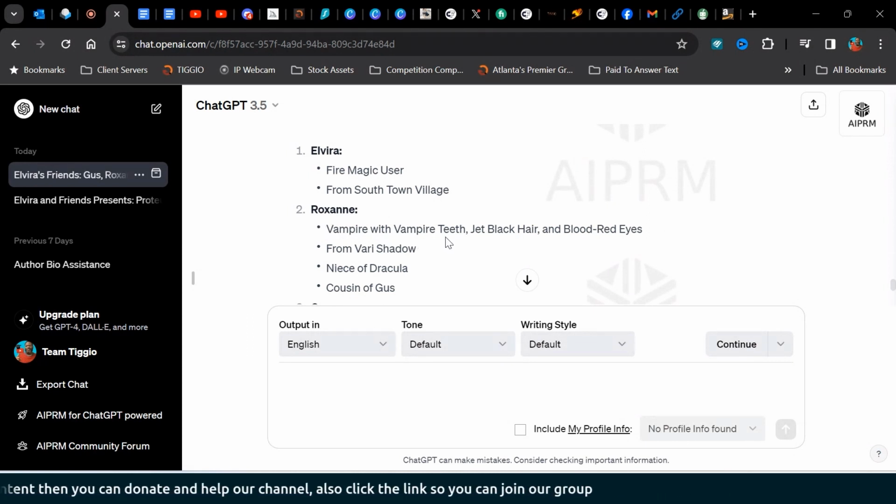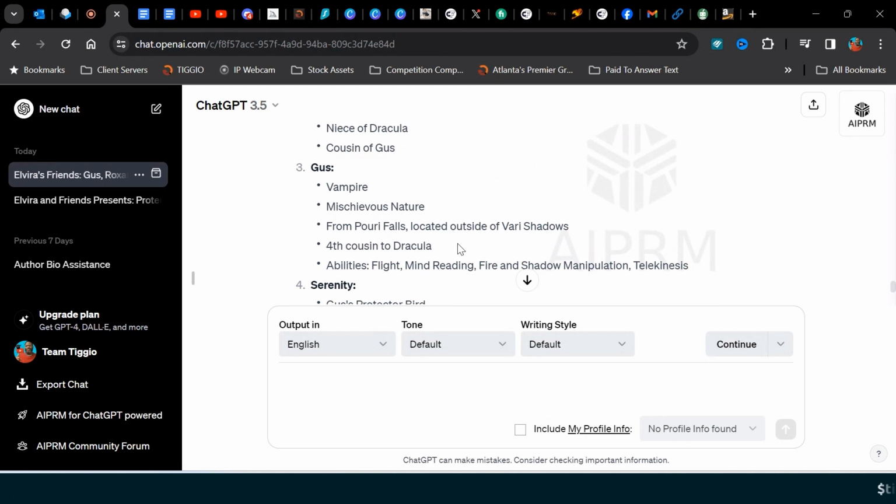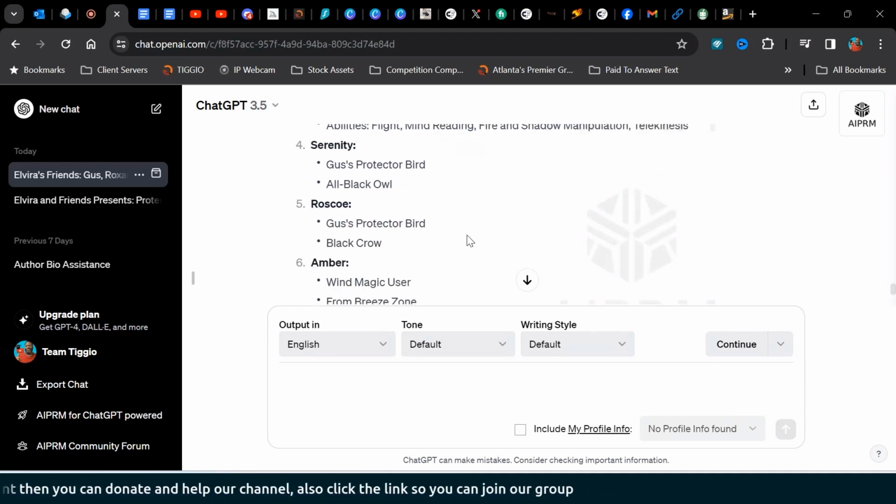Roxanne, vampire with vampire teeth, jet black hair, and blood red eyes, from Vari Shadow. Nisa, Dracula, cousin of Gus. Gus, vampire, mischievous nature, from Prairie Falls, located outside of Vari Shadows. Fourth cousin of Dracula, abilities: flight, mind reading, fire and shadow manipulation, telekinesis.